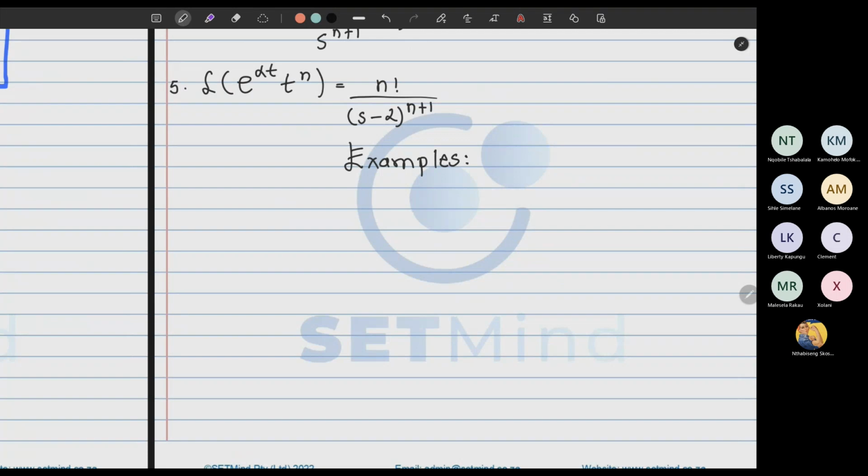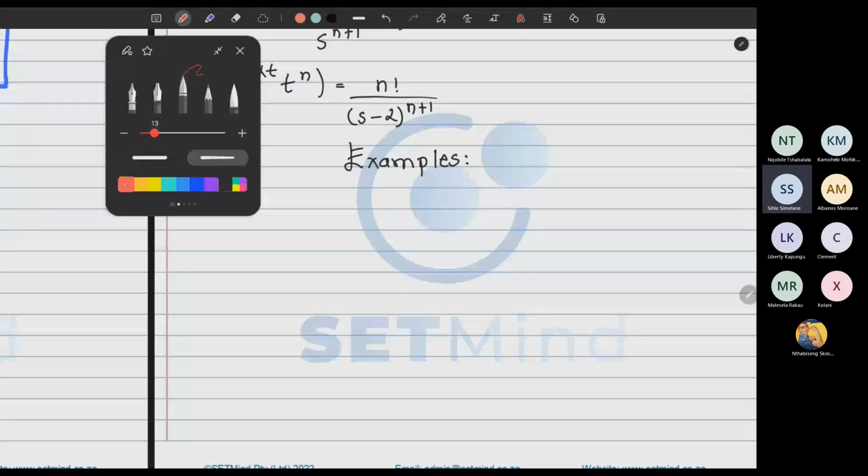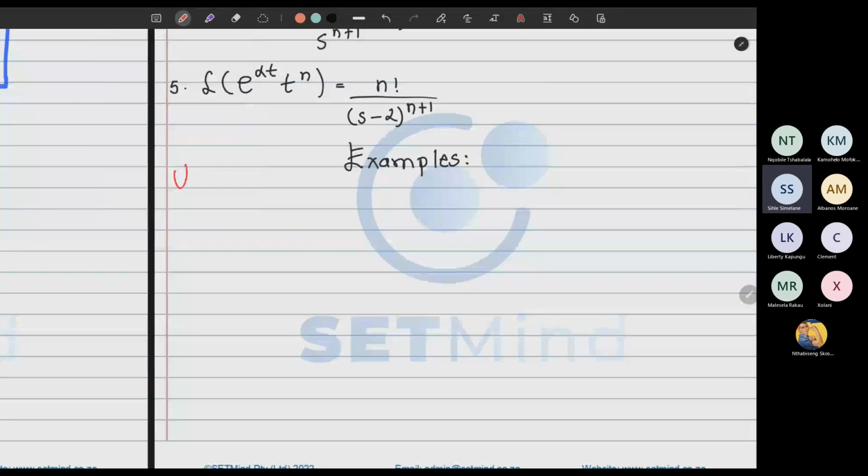So on these examples, it's clearly stated that use the formula. So you are not integrating, but you are using the formulas which are already given. So let me say you are not integrating.